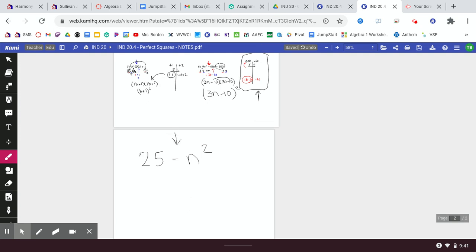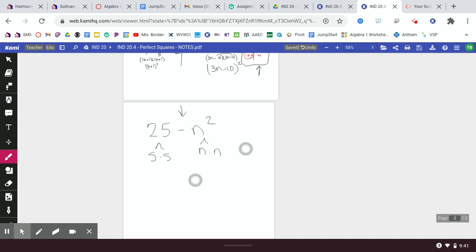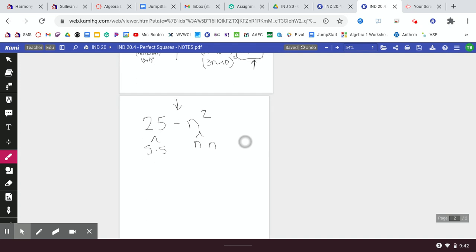It's a difference problem. 25 is perfect because it's 5 and 5. N squared is perfect because it's n times n. And so your answer, just keep it in this order, would be 5 plus n, 5 minus n.